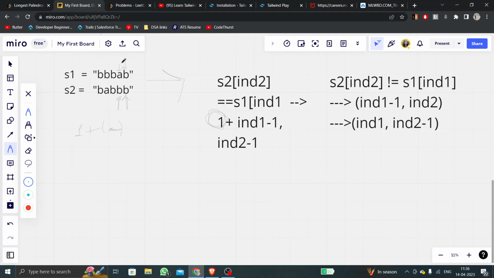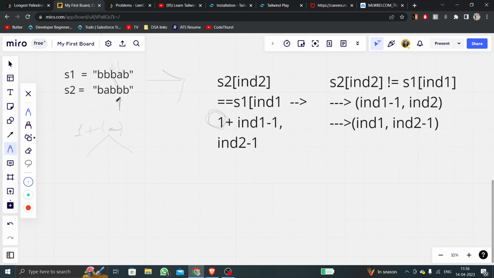Here these two characters are different. So at first I am moving this pointer here and checking for this.